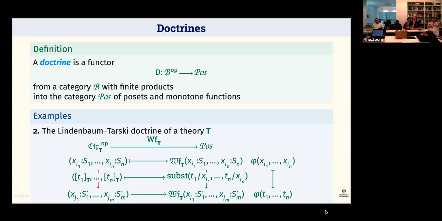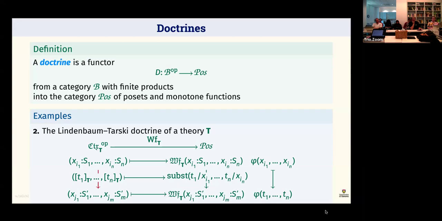To each one of these contexts, one associates the Lindenbaum-Tarski algebra of well-formed formulas, equivalence classes of well-formed formulas with respect to provable equivalence in at most the free variables xi1, xin, those variables which are declared here.